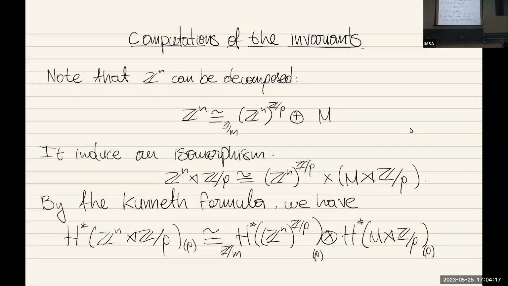But the important property is that because this M doesn't have invariants, the action of Z_p over Z^n minus 0 is free. Then this group satisfies the M and N property, so we can use the results of Lück and James Davis.